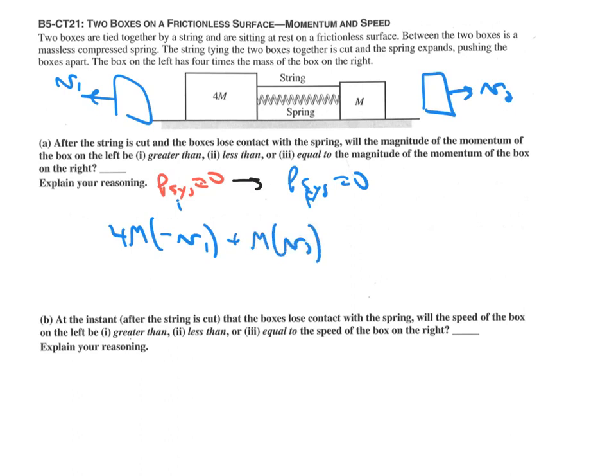And we know that that has to equal 0 because the system momentum is 0 and stays that way. So we want the momentum on the left, which was just minus p1, and the momentum on the right is p2, and we see that that means their magnitudes of the momenta will be equal.